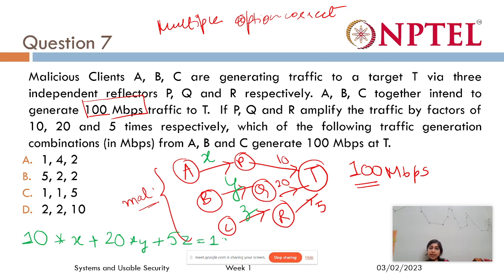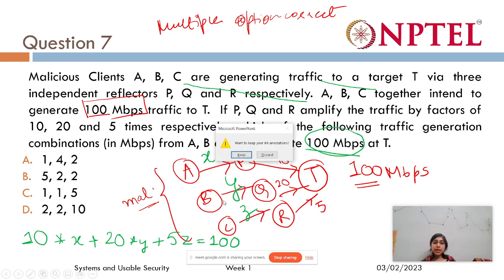This should be exactly equal to 100 Mbps. Why? Because these malicious clients are generating traffic at T, and they want to generate how much bandwidth at T? 100 Mbps. So just solve this equation.